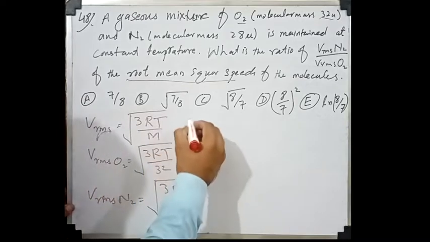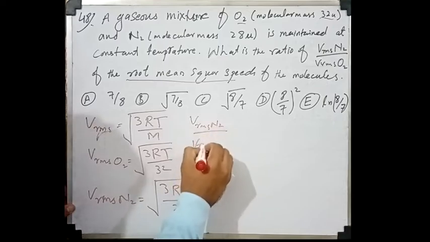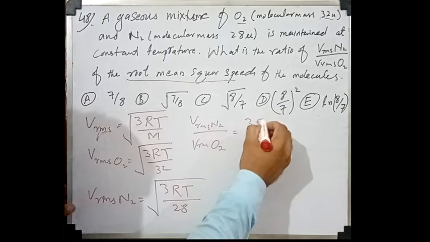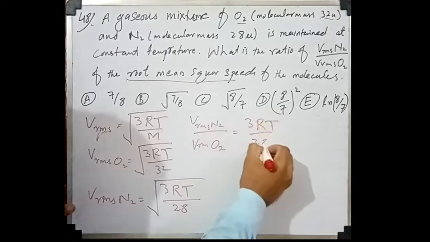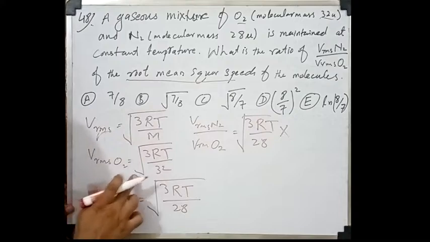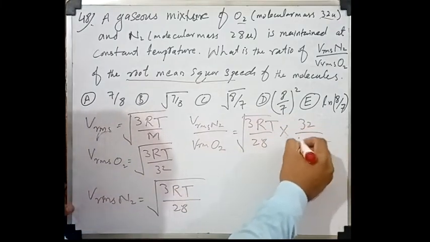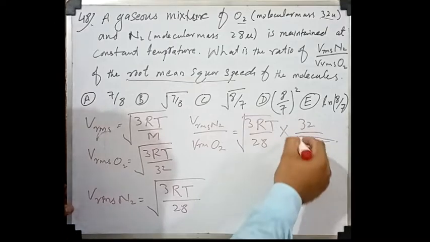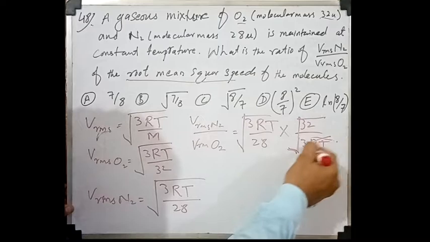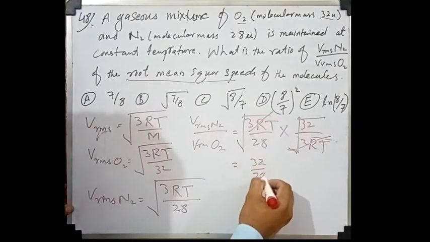So dividing Vrms of N2 by Vrms of O2, this becomes square root of 3RT over 28, multiplied by the inverse, square root of 32 over 3RT. 3RT will cancel out with 3RT, so this becomes square root of 32 over 28.